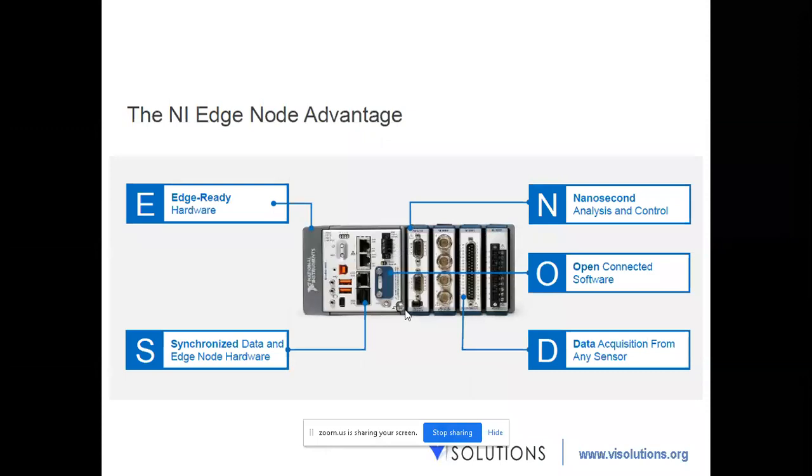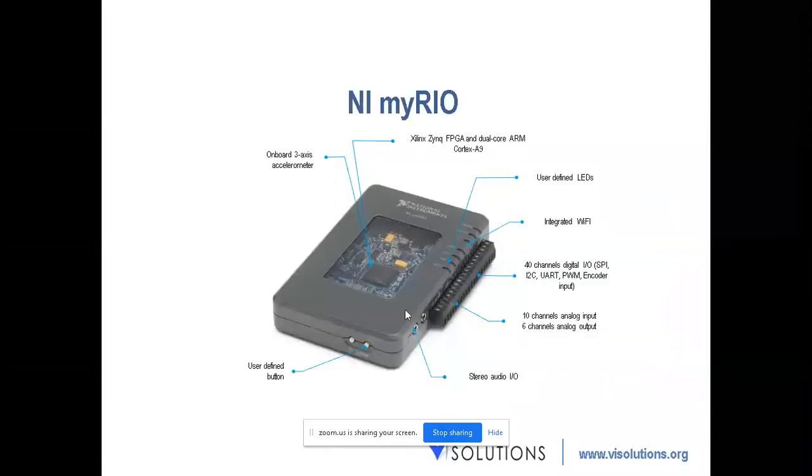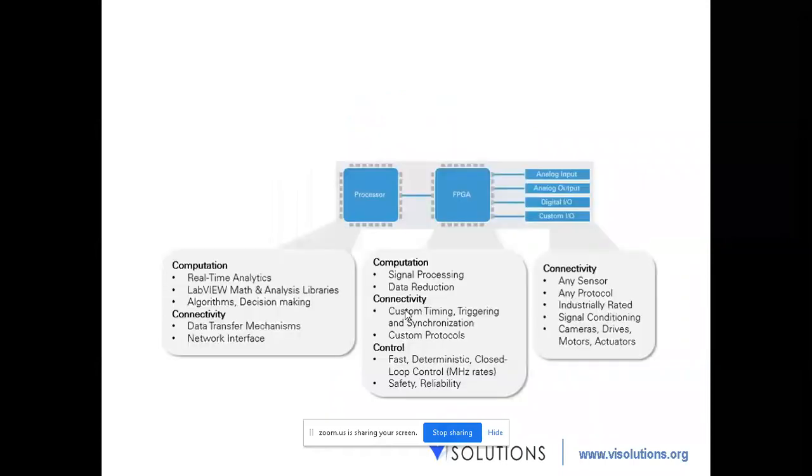So we here have an academy version of an embedded system hardware with me, which has a processor, an FPGA, and specific IOs. Here the processor is going to be used for math analysis and real-time analytics, for example.